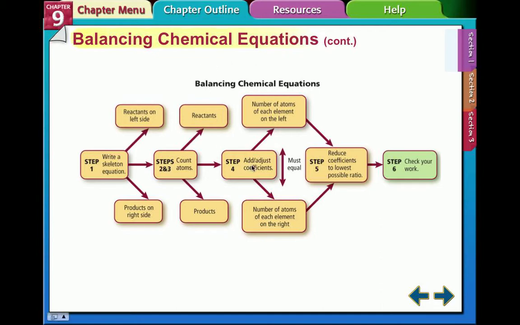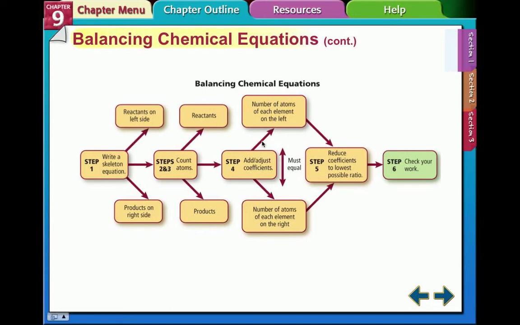Number 4, you need to adjust the coefficients. That is the only number you can change, that number in front, that coefficient. So every time you change a coefficient on the reactant side, it is going to have to change on the product side. So you have to balance back and forth. Patience game and you'll get it.